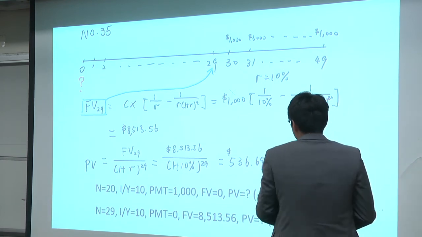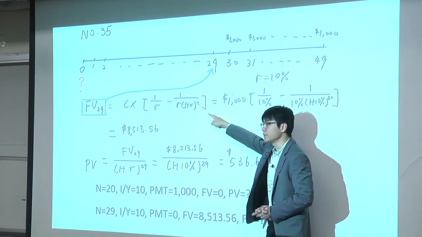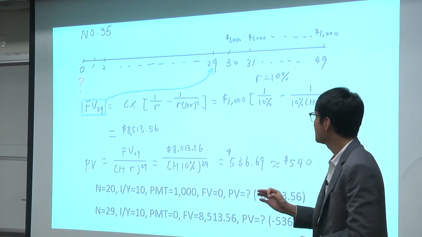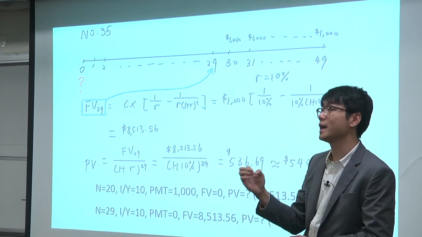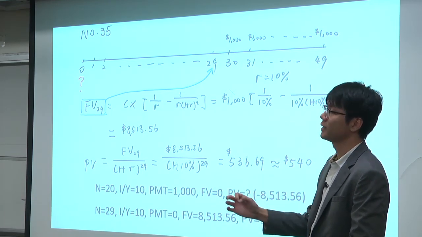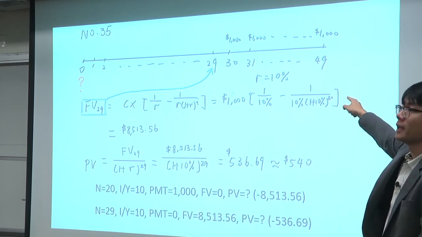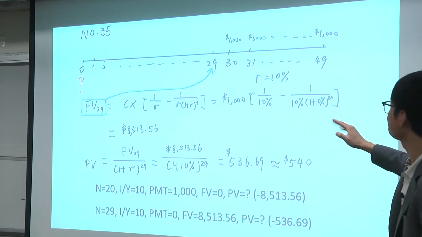What I meant by that is, if you use the annuity equation to calculate the value, the value that comes out of that equation is not a present value anymore. It's only a present value if it's a standard annuity, where the first payment starts in the first year. But for this annuity, the first payment starts in the 30th year, not the first year.